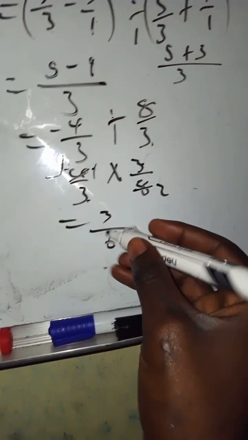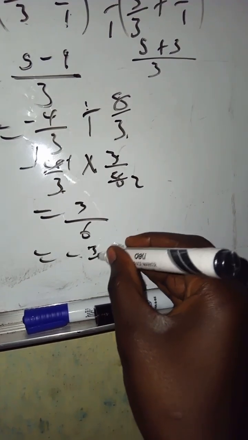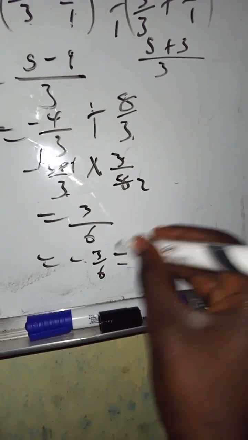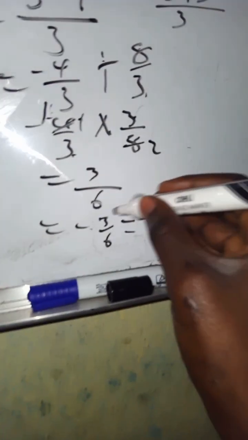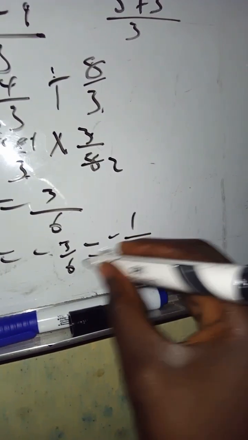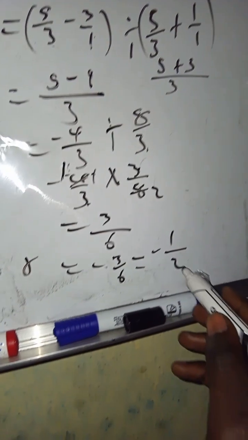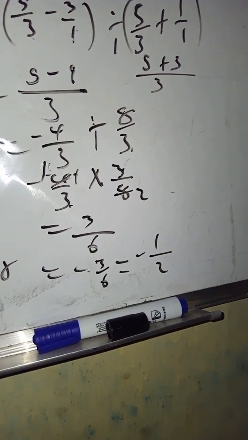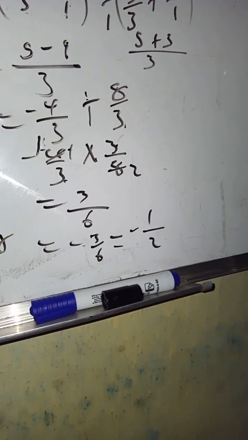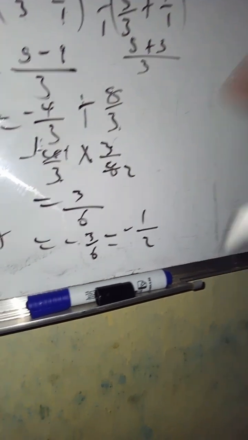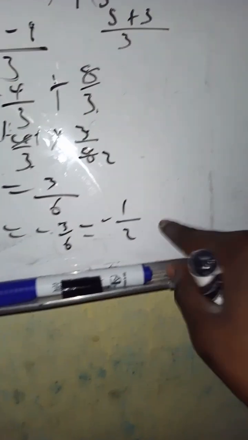So this will be negative 3 over 6, which can be simplified. 3 into 3, 1. 3 into 6, 2. So we have our r to be equal to negative half, negative 1 over 2.